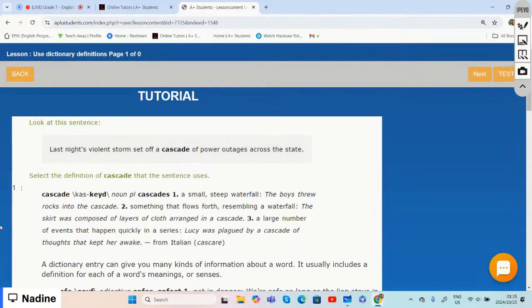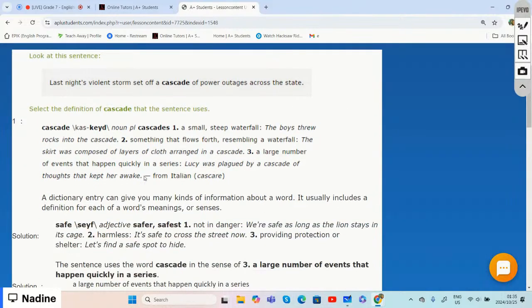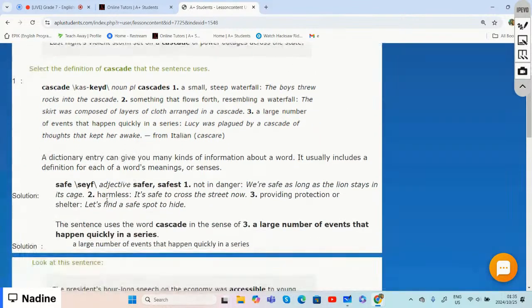So we need to use the dictionary definitions, meaning that we will have a definition, and then we need to look at the different uses of the dictionary definitions.